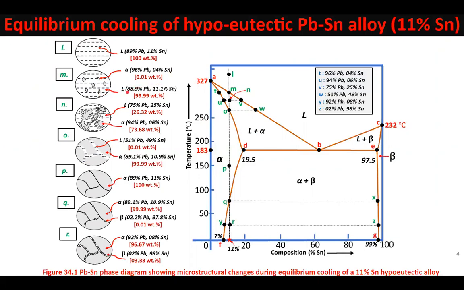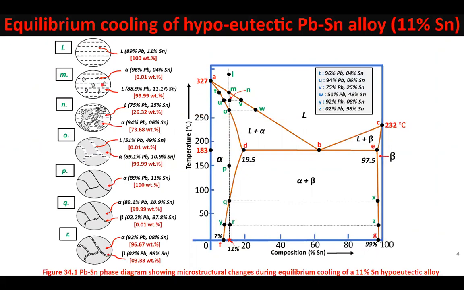The liquid phase has a slightly different composition from where we had started, and still bulk is liquid only with 99.99 weight percentage. As the temperature drops further from point M to now point N, again we are trying to show the microstructure. We have again drawn the tie line. We would show the chemical composition of the solid phase alpha, and we would show the chemical composition of the phase liquid solution.